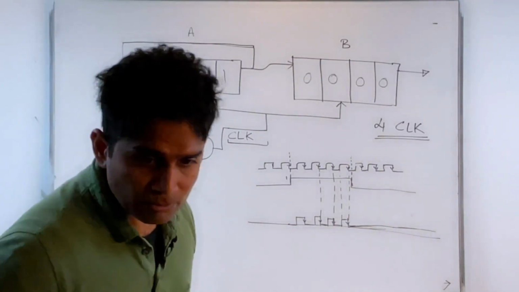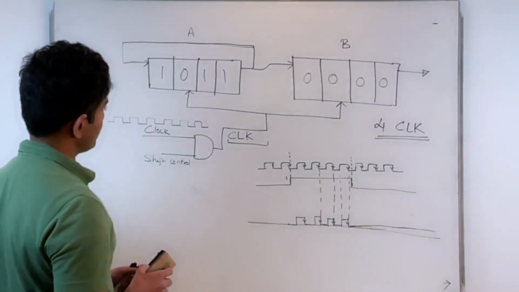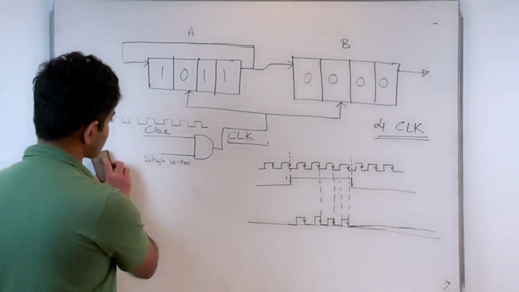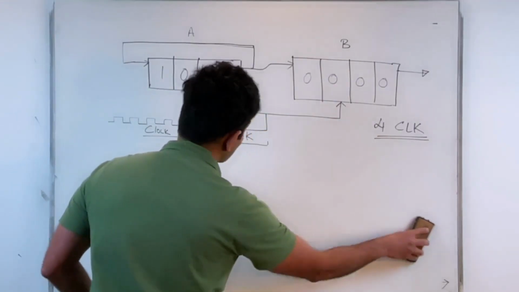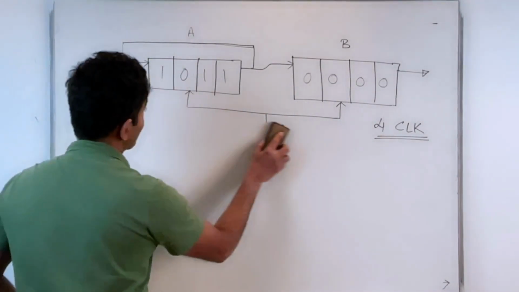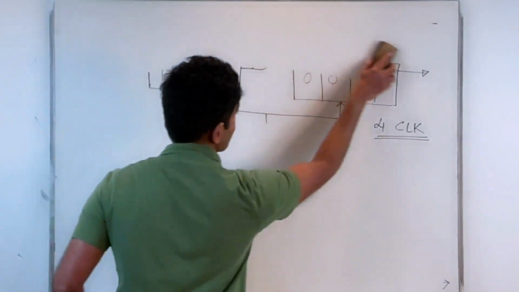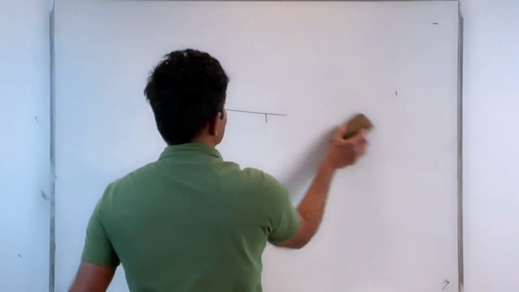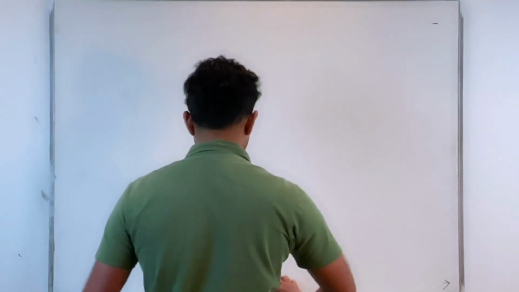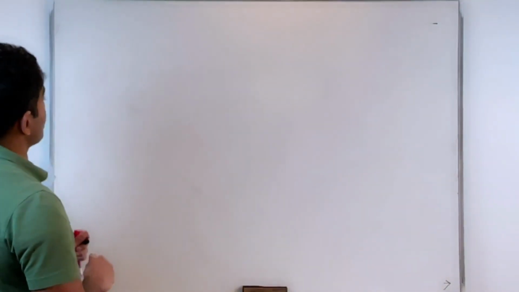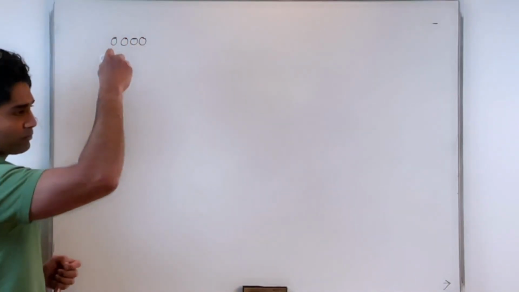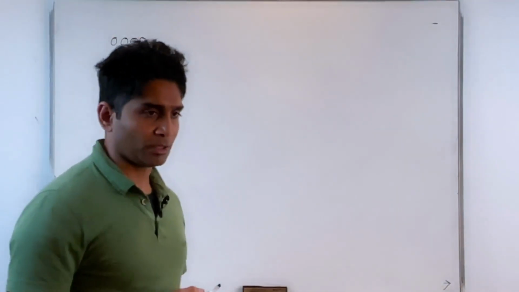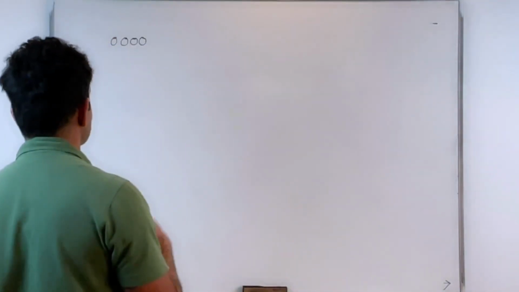Okay, that's good. So we talked about this. Now, what about situations where we want to get an arbitrary count? Arbitrary count as in, for example, let's say you want to form a decade counter, not a hexadecimal counter.